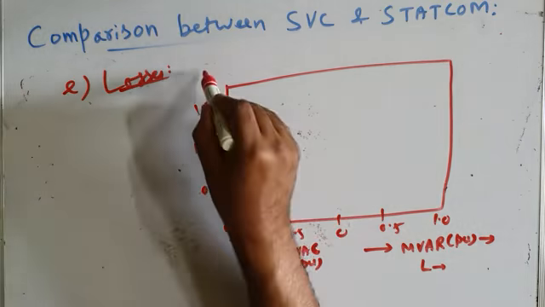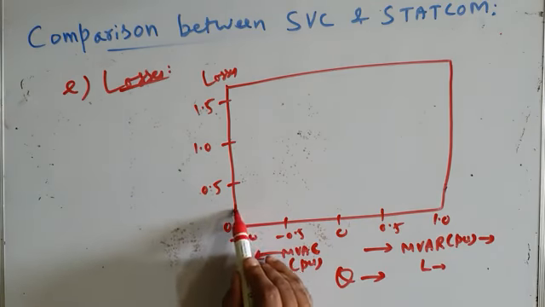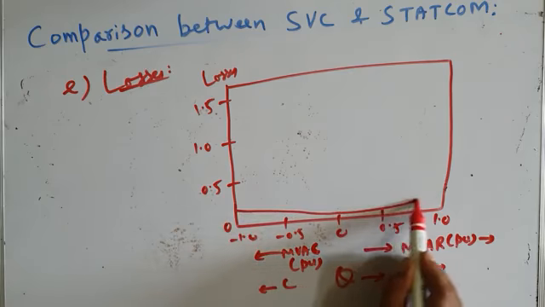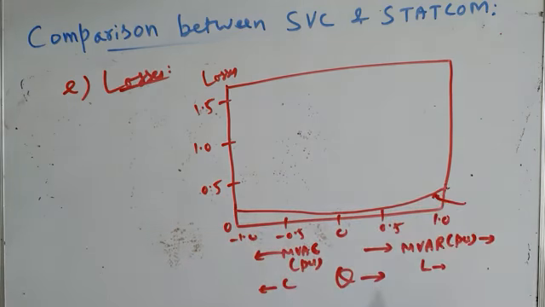The x-axis is reactive power, the y-axis is losses. So the losses vary like this. Let me show you. These are interface magnetics loss. Let me first write, then I will explain. Interface magnetics loss.